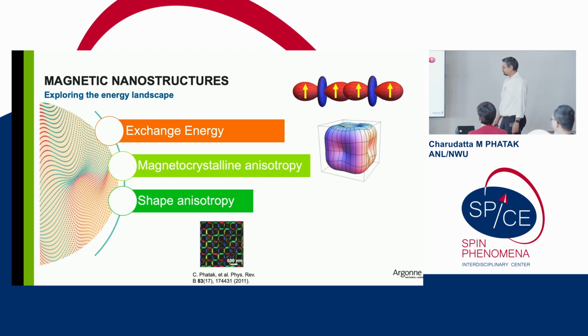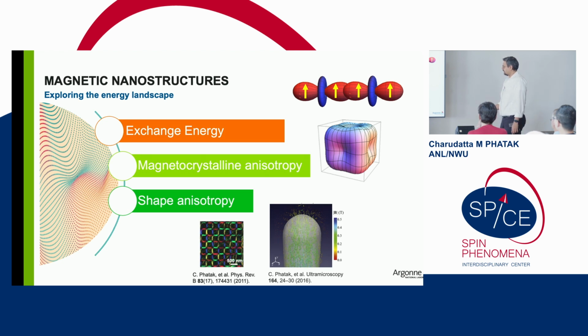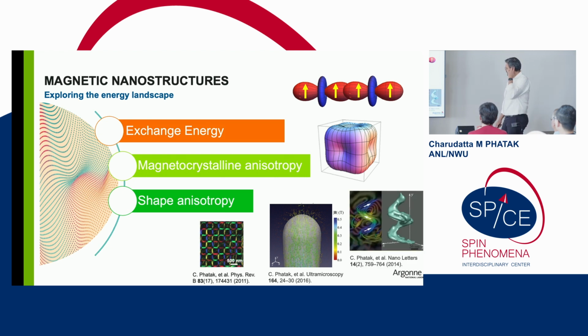Or you can have cylindrical nanowires where the shape dictates what kind of magnetic textures they will have, again in 3 dimensions. And then the image that you've already previously seen, where these helical structures give another difference in the shape that will govern how the magnetic domains behave.